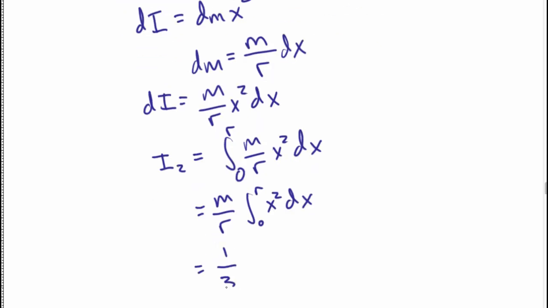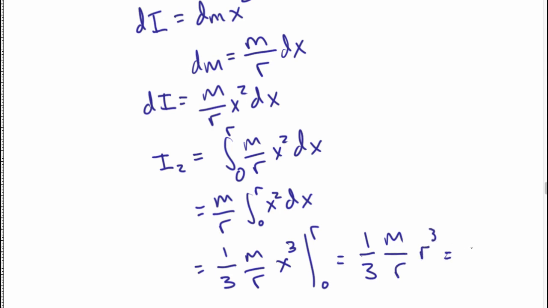I get 1/3 m over r, and then this goes to x cubed, and I apply that from 0 to r. The 0 doesn't do anything. It causes the whole term to go to 0. So what I get is 1/3 m over r times r cubed, which is really just 1/3 m r squared.